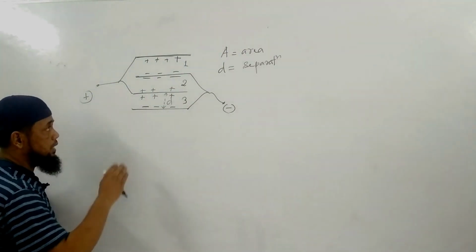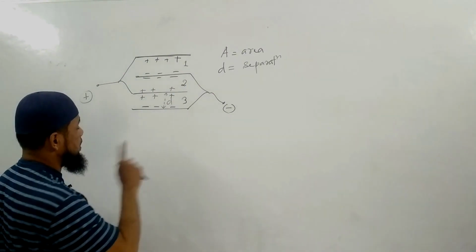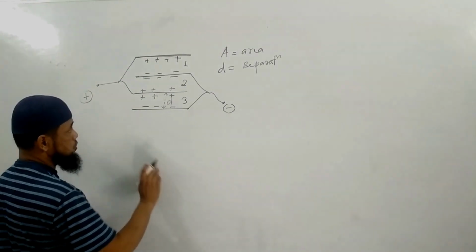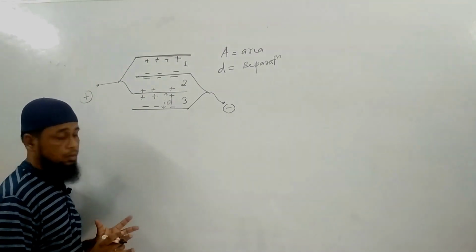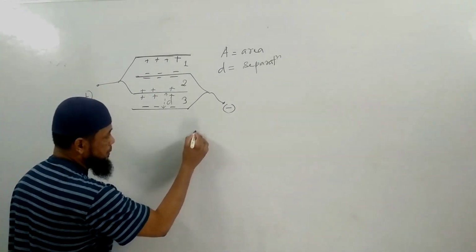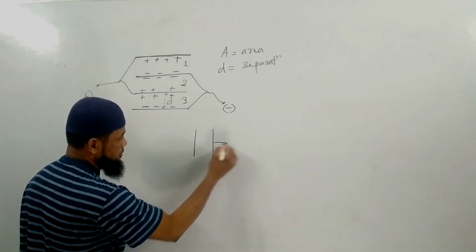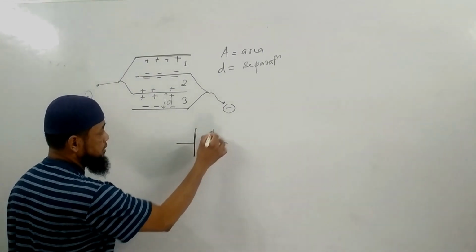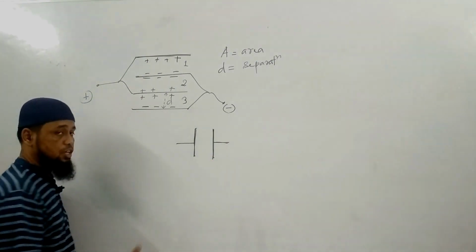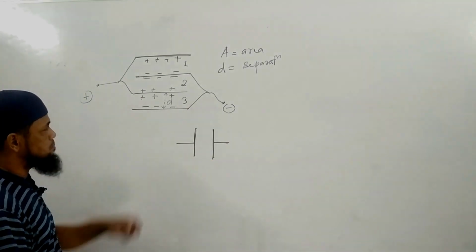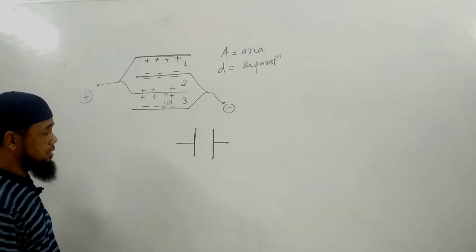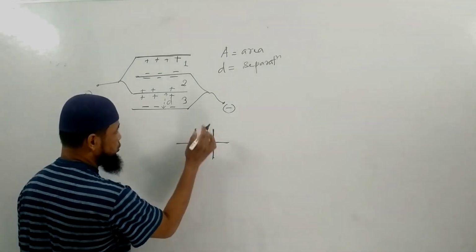The thing is how they are connected. See, three capacitors. So how to start? Let us just start with one capacitor. Let me draw capacitor 1. I don't know how they're connected, for example whether they're connected in series or parallel. Once we become expert, then we'll say it directly. But this is the beginning, so let us start as if we do not know anything.